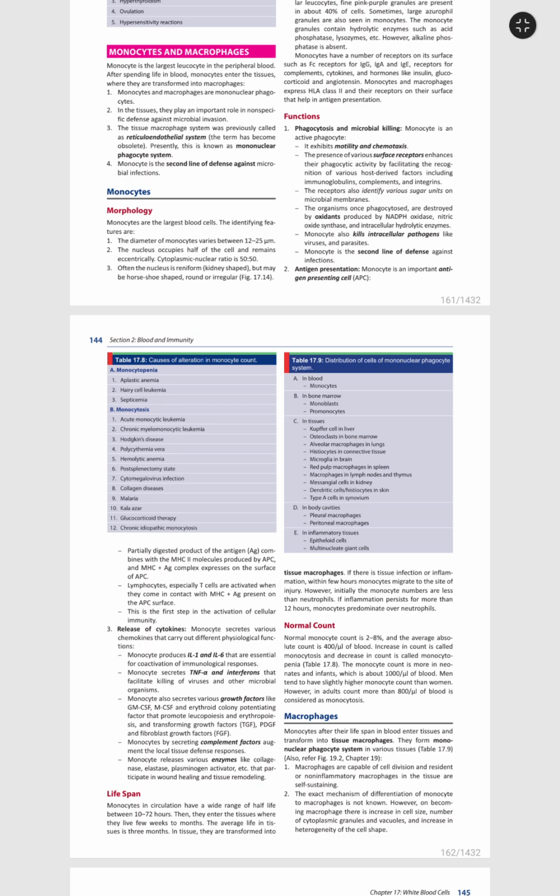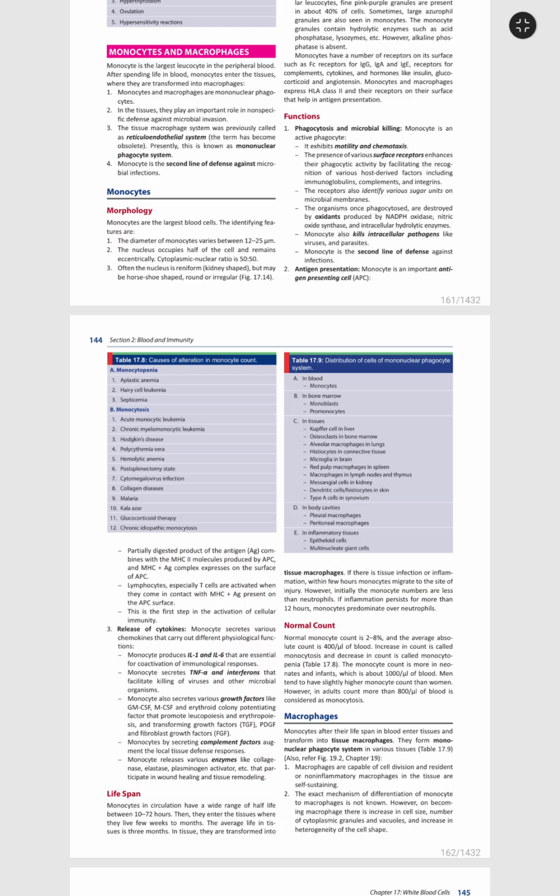Monocyte count. Monocytopenia occurs in aplastic anemia. Increase in monocyte is called monocytosis, whereas decrease is monocytopenia.